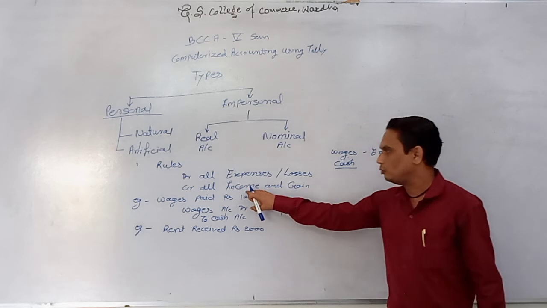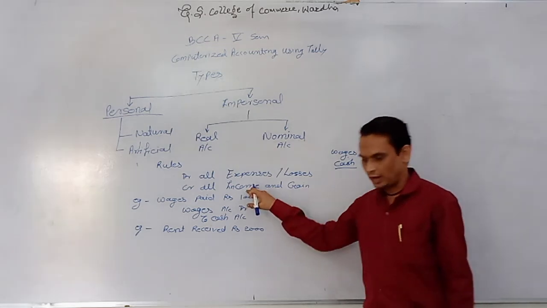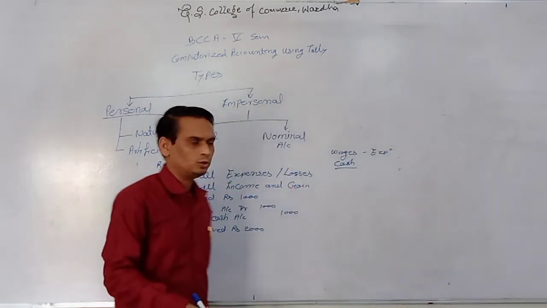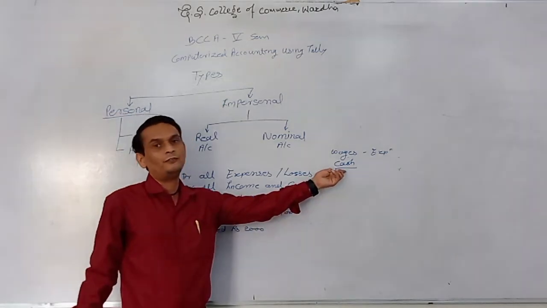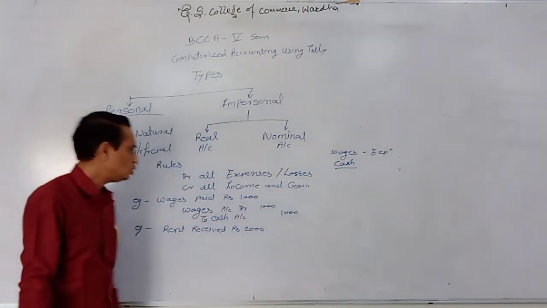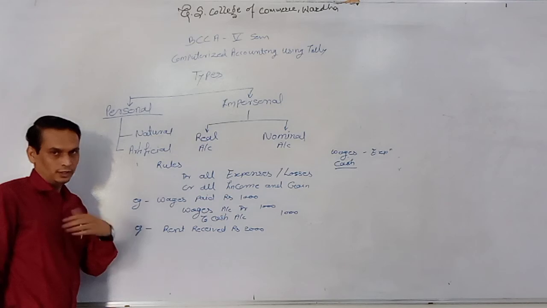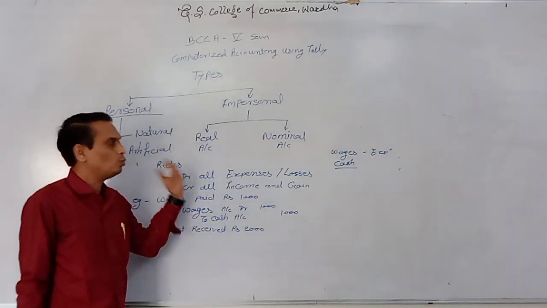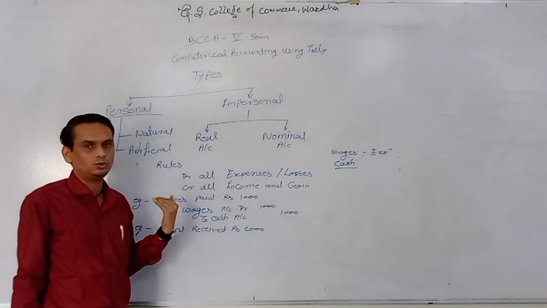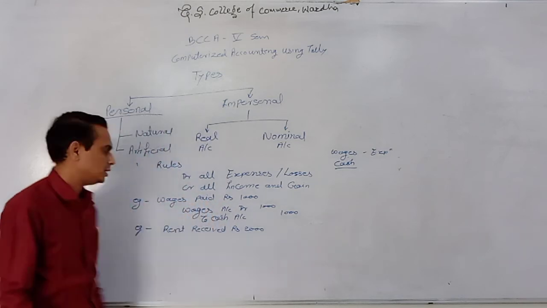So income is always credited, and when we receive something, it is in the form of cash. According to the real account, anything that comes into the business is always debited.